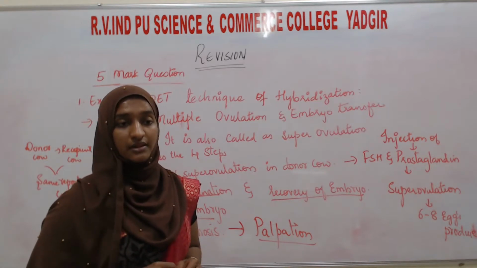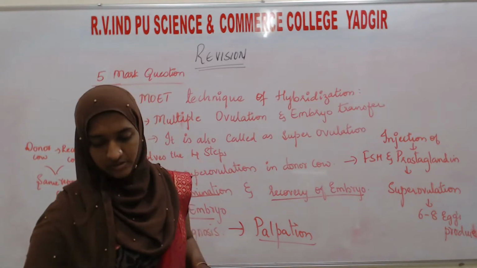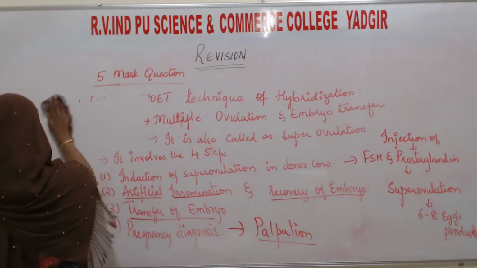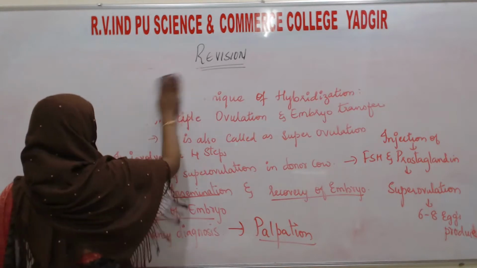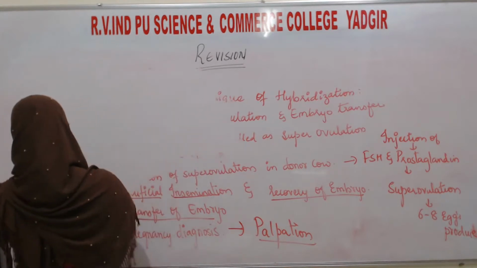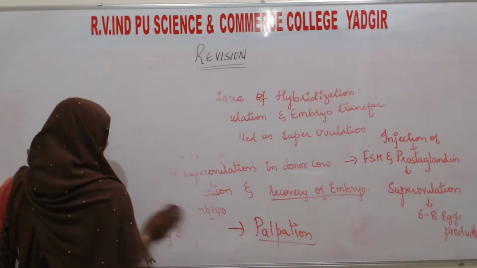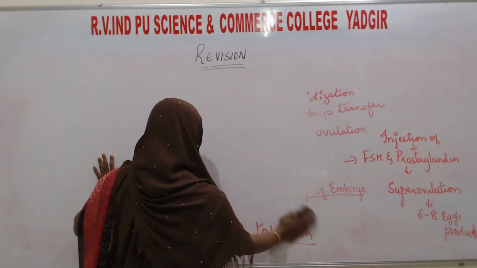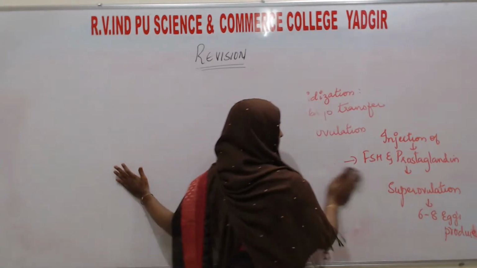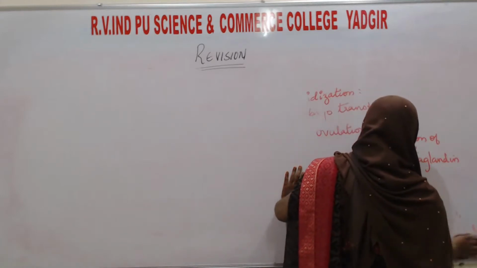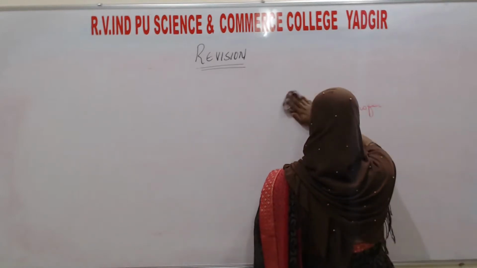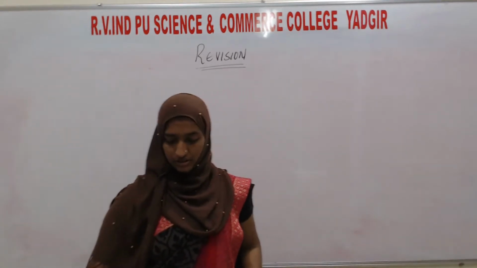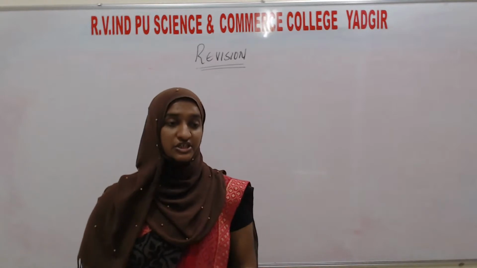The next is the last question: explain the steps involved in plant tissue culture. See, in this they have only asked for the steps.